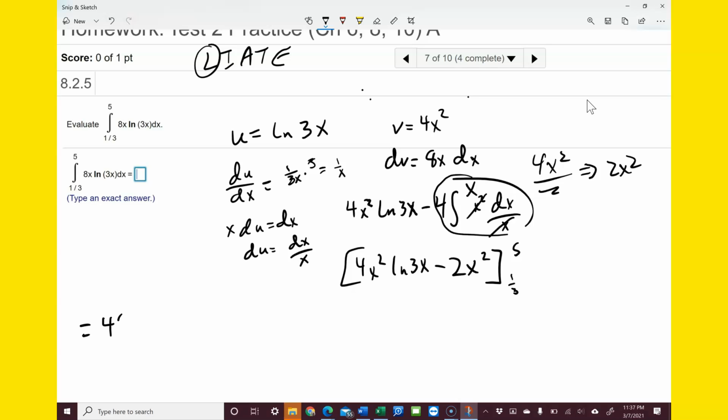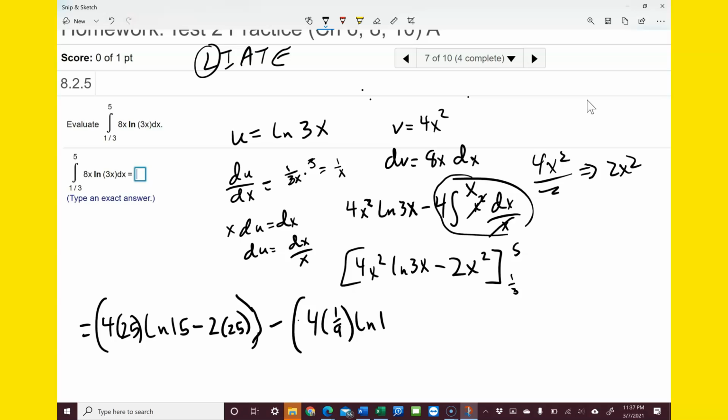So this becomes 4 times 25 times ln of 15 minus 2 times 25, minus 4 times 1/9 ln of 1, because 3 times 1/3 is 1, minus 2 times 1/9.